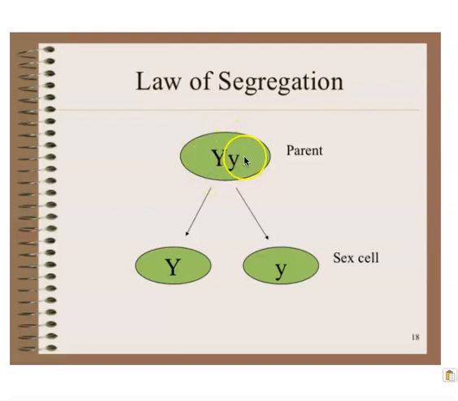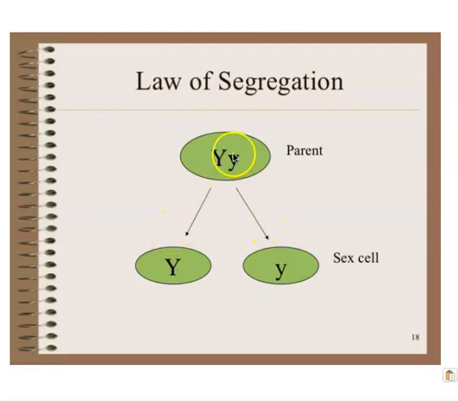So the law of segregation simply says that in homologous chromosomes, that means chromosomes that contain information for the same genes, the alleles are going to be segregated or separated randomly. So maybe this sex cell will get the dominant allele while this other sex cell gets the recessive allele.